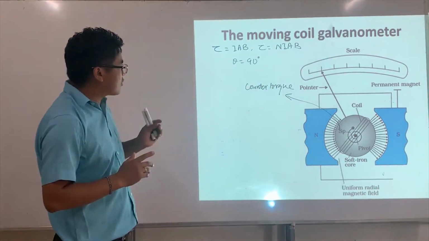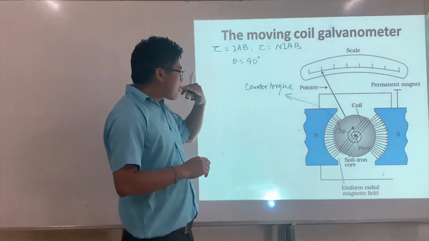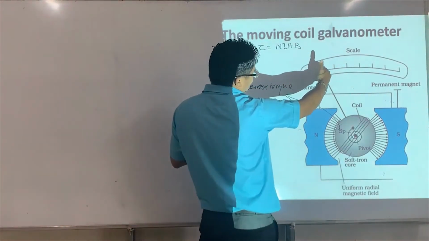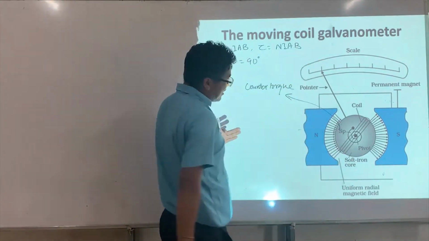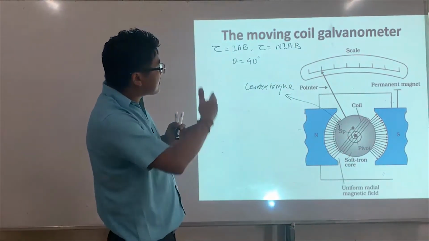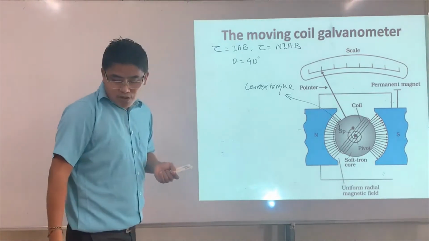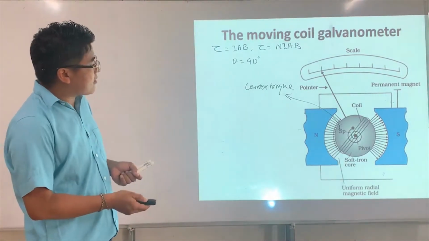These springs provide a counter torque so that the pointer stays in balance at a certain point depending on the magnitude of the current. Alright, so these are the points.